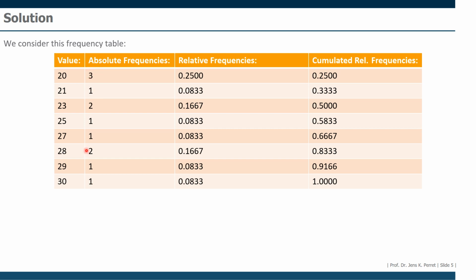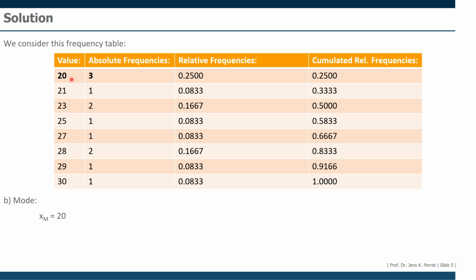I have 2 and 2 here, but the 3 is larger. The value which belongs to the 3 is the 20. So my mode in this context, due to the fact that 3 is the largest frequency, the value 20 belongs to the frequency 3, that my mode will be 20.